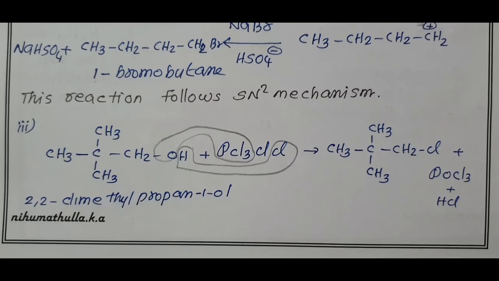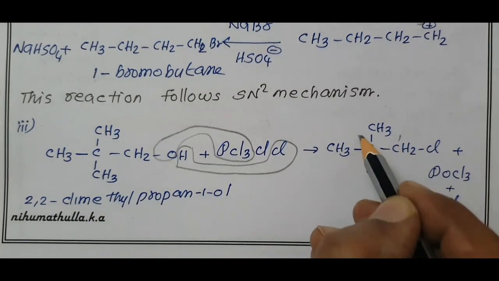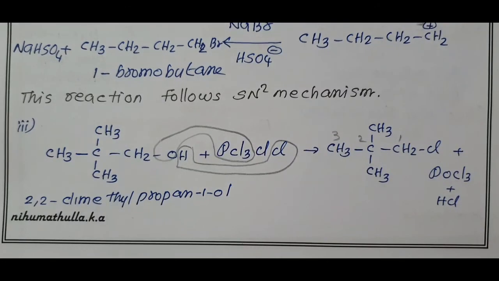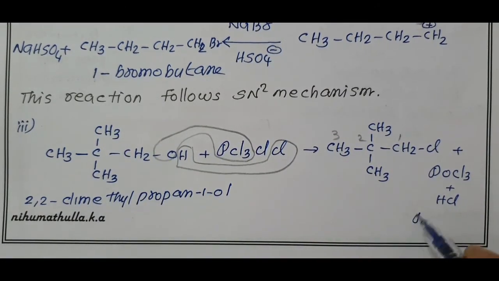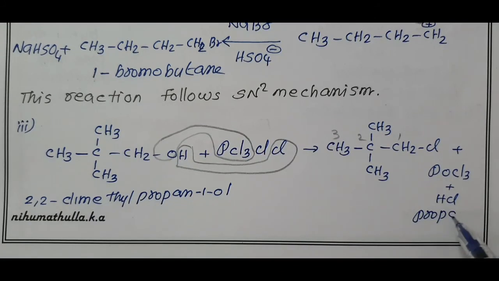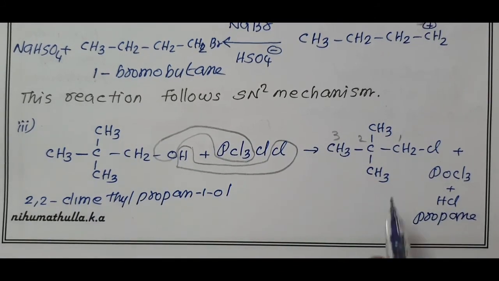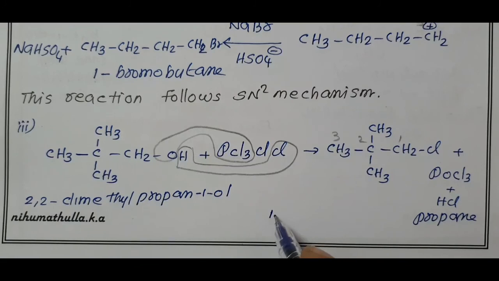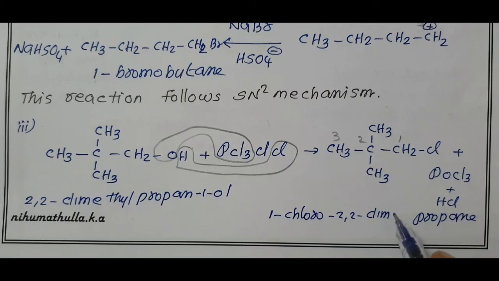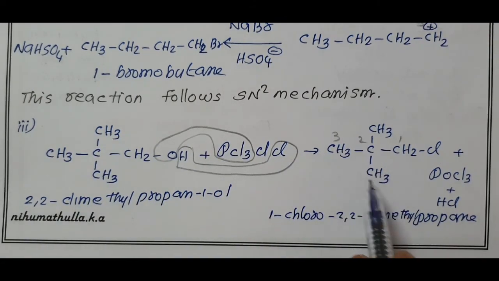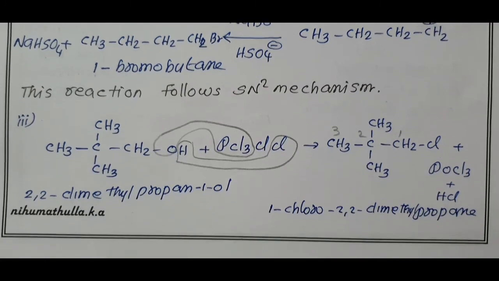Common name neopentyl chloride. When we write the IUPAC name 1, 2, 3, 3 carbon propane, single bond, n, propane, and in the first carbon we have 1-chloro, second carbon containing 2 methyl groups. 1-chloro-2,2-dimethylpropane.